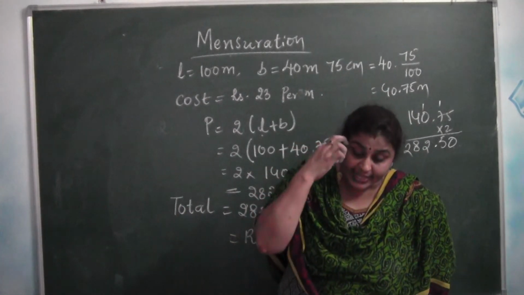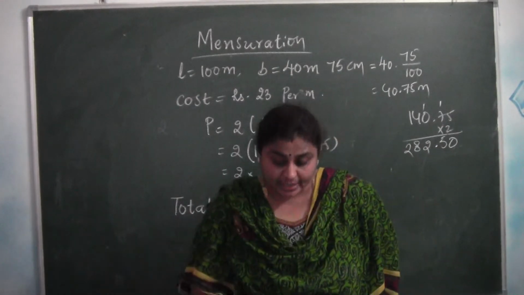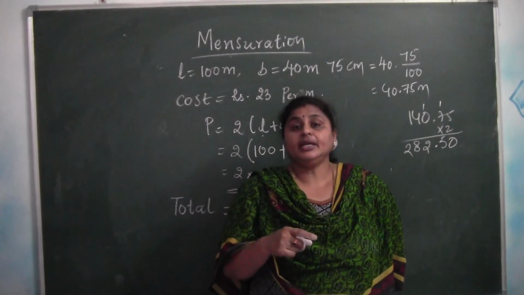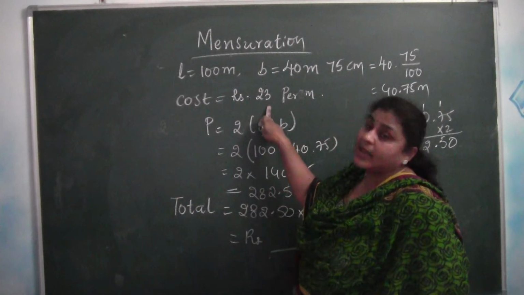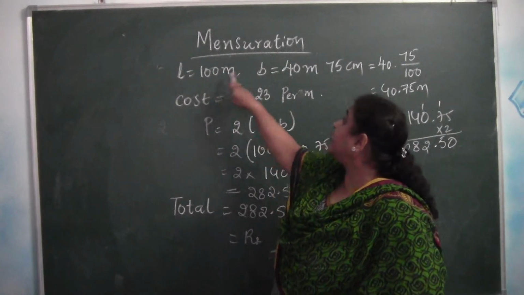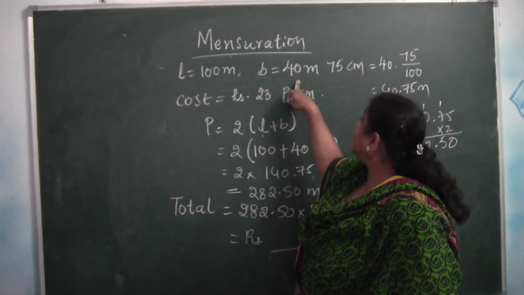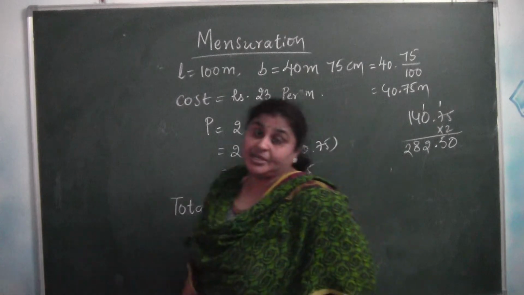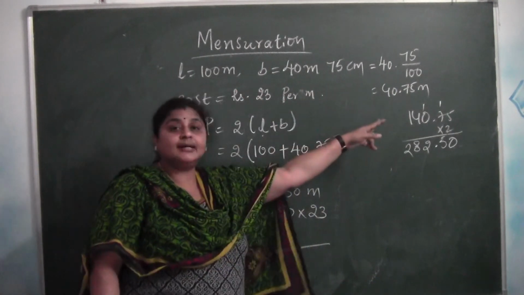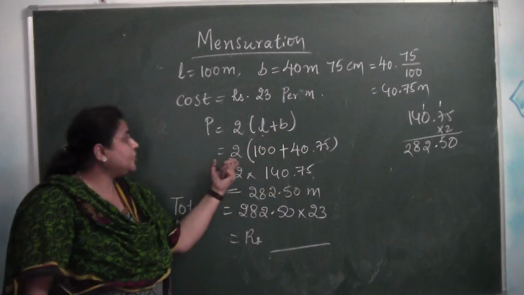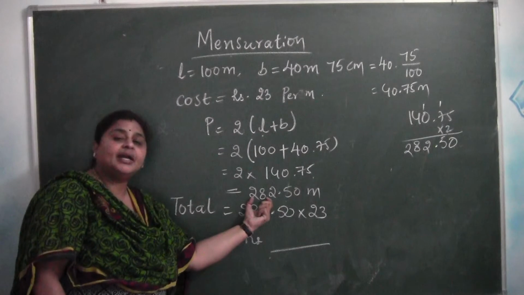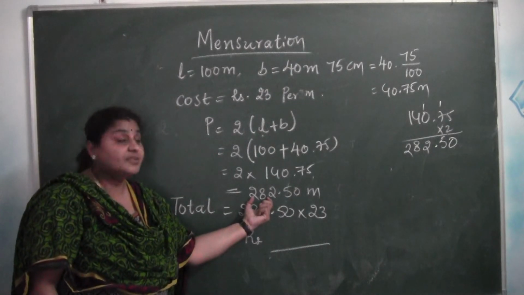Okay, so they said they have to construct a boundary. The cost of building a boundary is 23 rupees per meter. And the length of that particular site is given as 100 and breadth as 40 meters and 75 centimeters. So what have we done? We have converted length and breadth to be in terms of meters. So we substituted in the formula 2 into L plus B and we got the perimeter. And what more has he given?